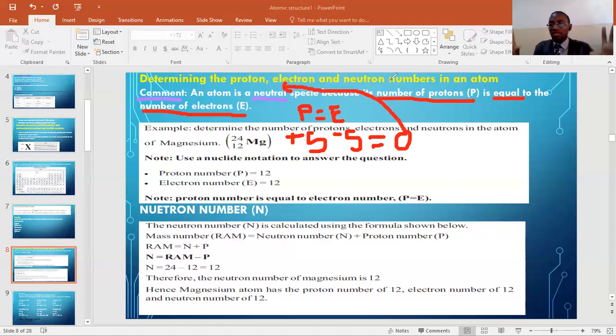It's neutral. It doesn't have any charges, because the charges cancel each other. They are equal. Positive 5, negative 5. Positive 6, negative 6. Positive 10, negative 10. And they cancel. That is why we say an atom is neutral. This is a very important comment that we need to take note of. So an atom is neutral because the proton number is equal to the electron number.